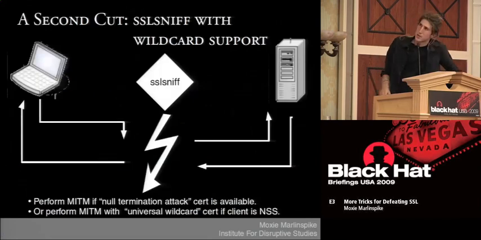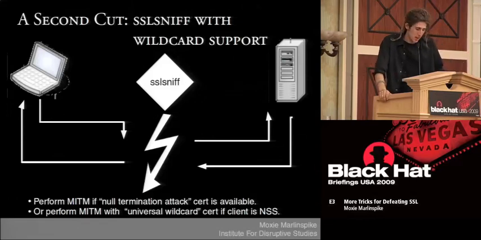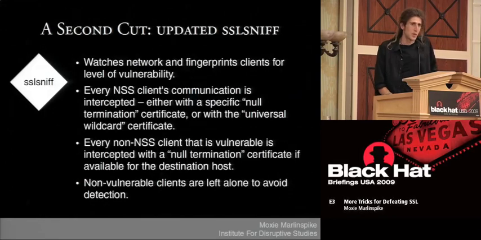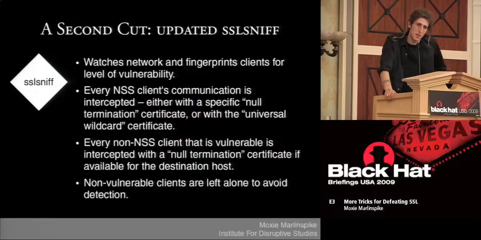Okay, so the next version of our SSL sniff now has wildcard support. So it does the man-in-the-middle attack on the network, or if it doesn't have a null prefix attack certificate for NSS clients, it will just pass them the universal wildcard certificate. So at this point, SSL sniff has to start fingerprinting the network, right?